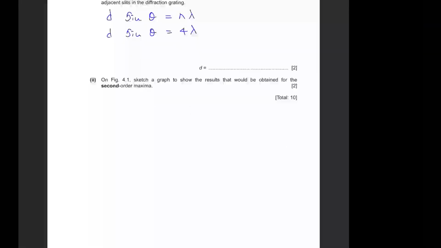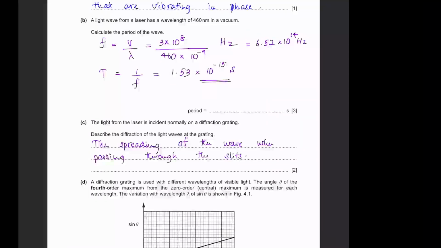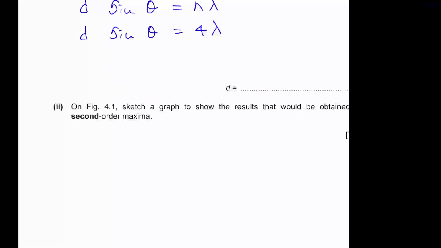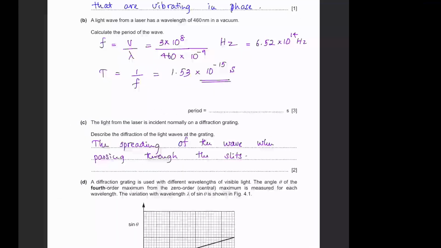So guys, d sine theta equals n lambda. This is what we use for a diffraction grating. d is the distance between 2 adjacent slits. n is 4 because it's a 4th order maximum. So sine theta equals 4 over d times lambda.